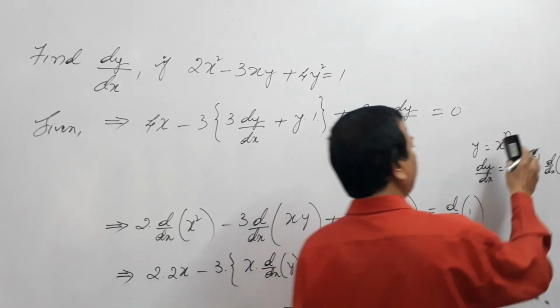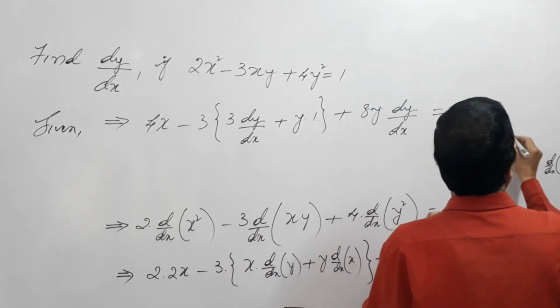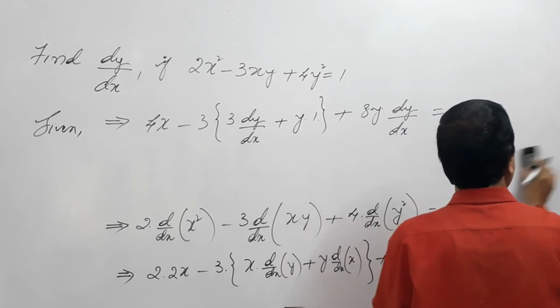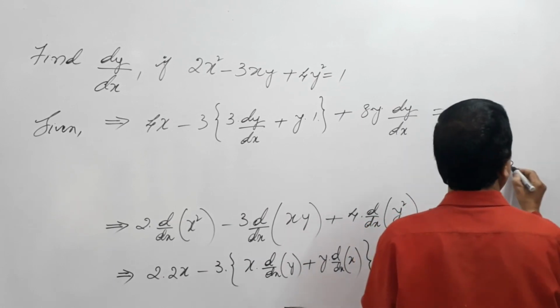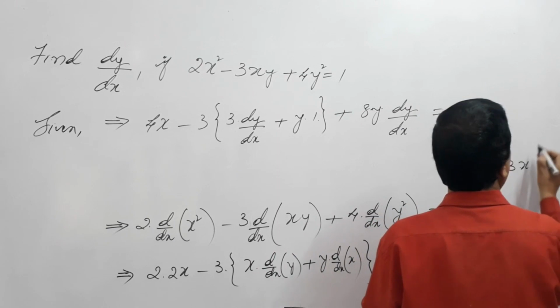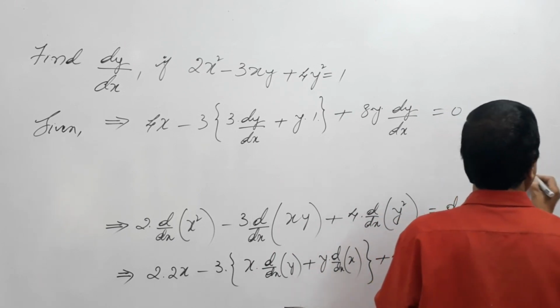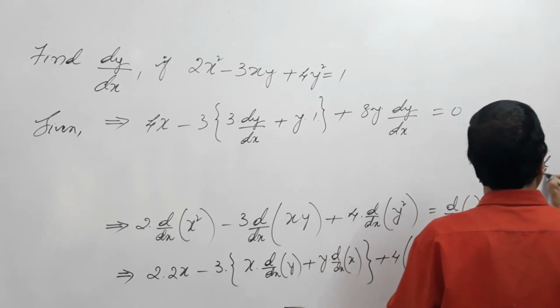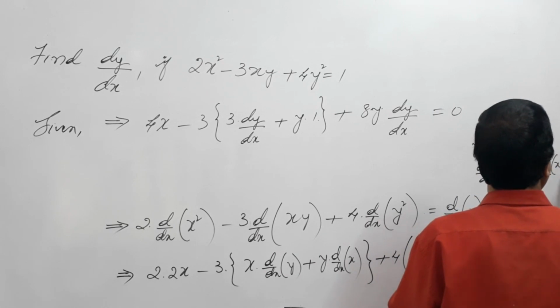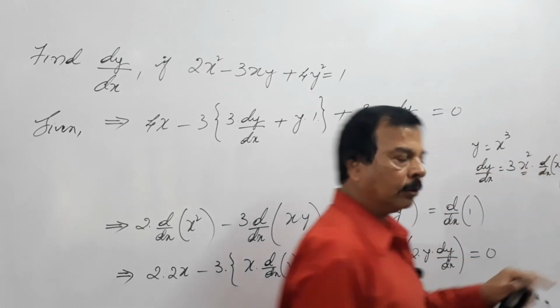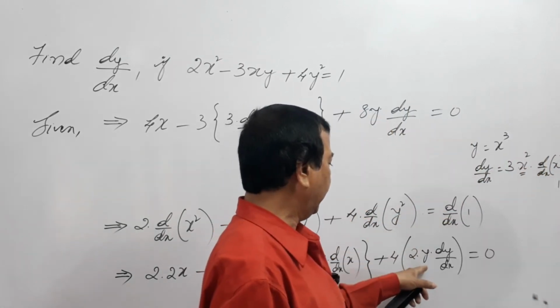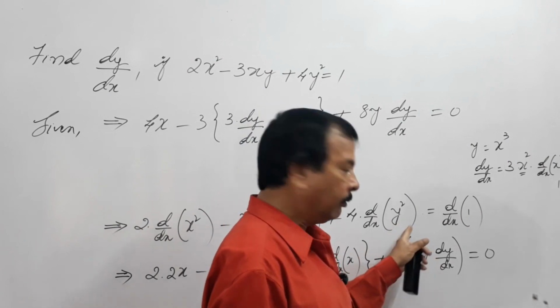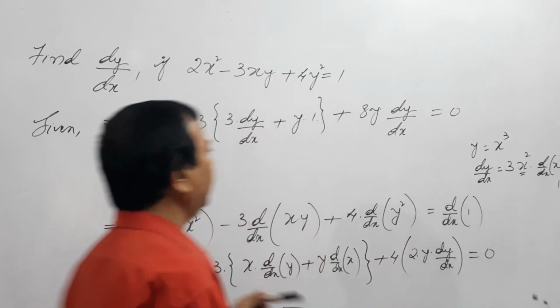Or others, I'll do a problem itself here. So we will take 3. This used to be 3 into 3 minus 1, 2, into this portion d by dx of x is 1. So 2 into y, this big y will be remaining, so dy by dx. Done.